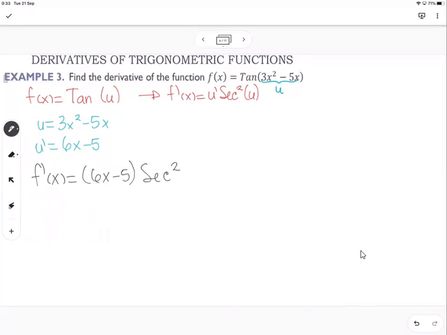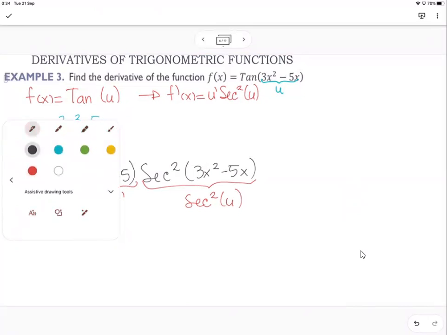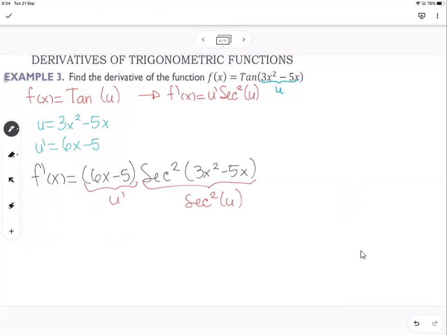Times secant squared of u, so secant squared of 3x squared minus 5x. Remember, this is a single piece that you cannot split. According to the formula, this is u prime and this is secant squared of u. There is nothing else we can do. So that's the answer.